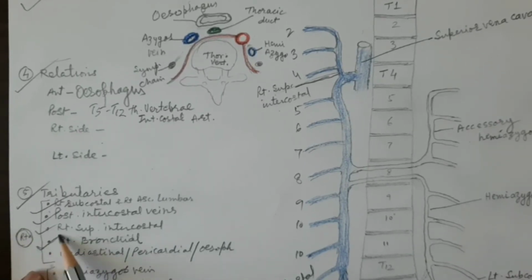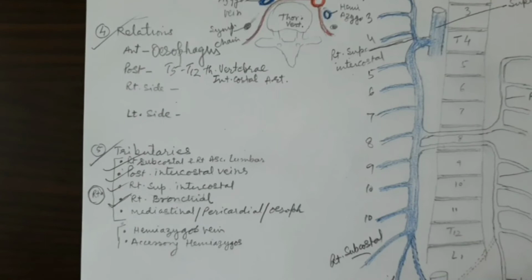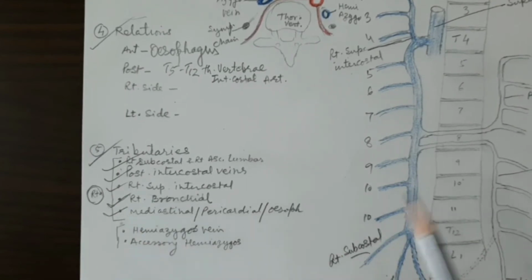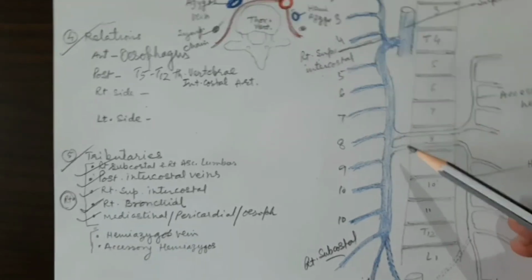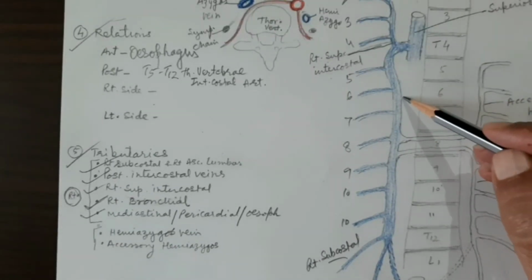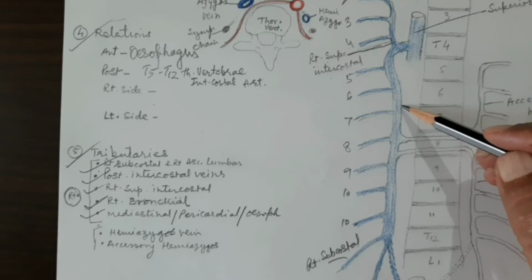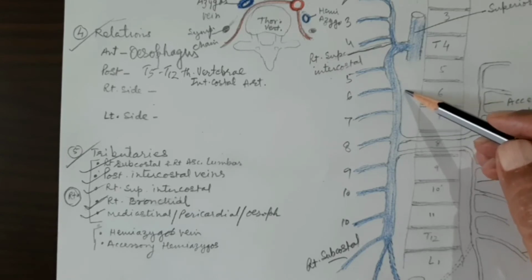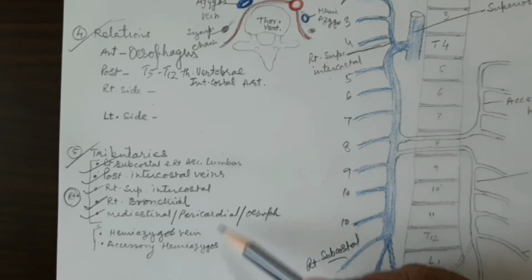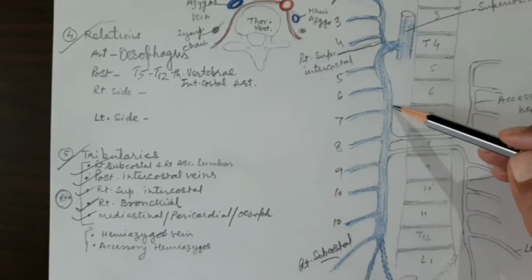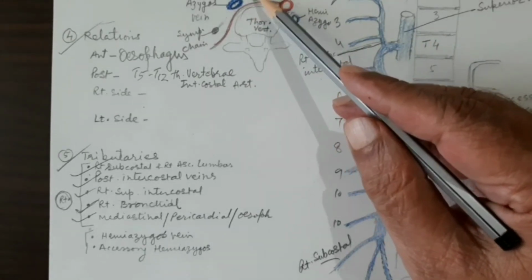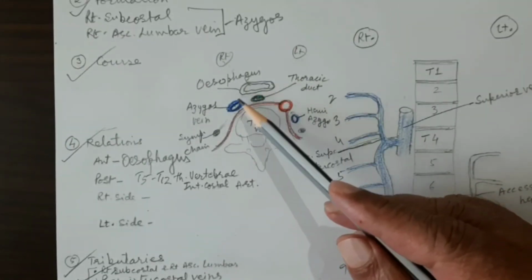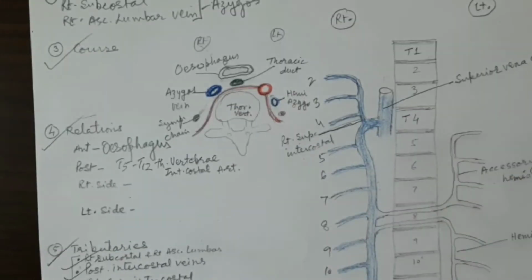So you have noted the right bronchial vein, and then from the right side there will be many unnamed tributaries bringing blood from the mediastinum, fibrofatty tissue, lymph nodes, thymus, pericardium, and many pericardial veins, and similarly from the esophagus, running parallel to it.